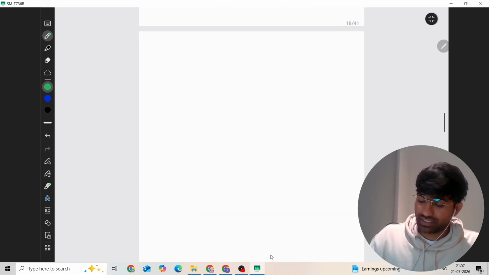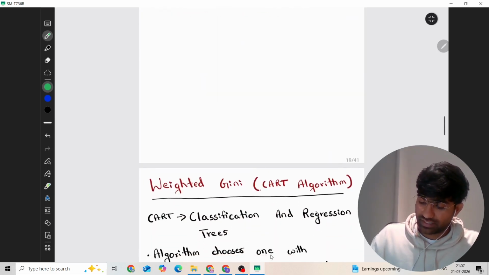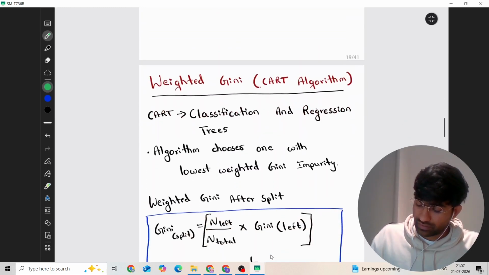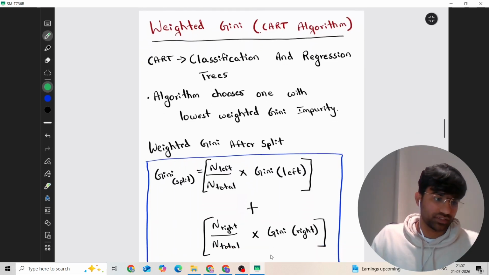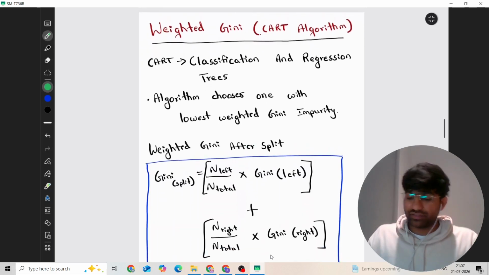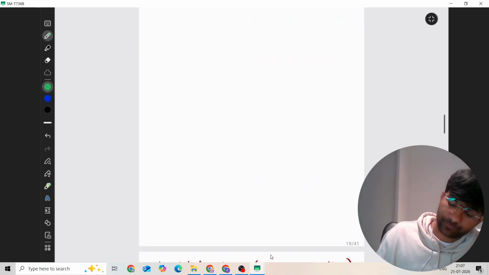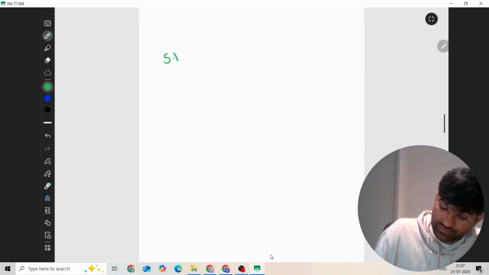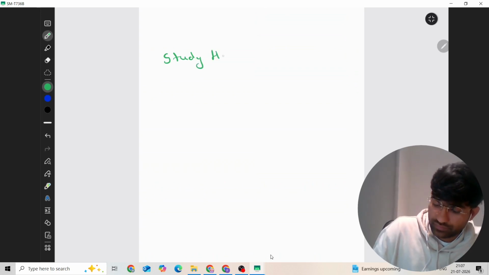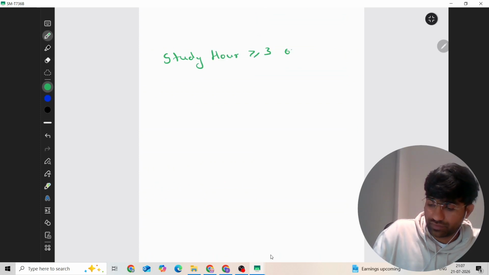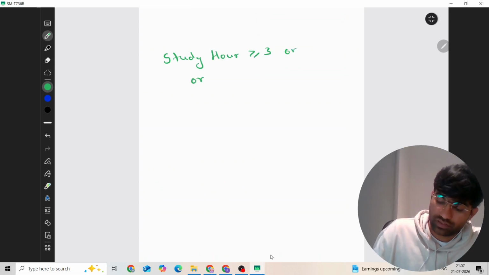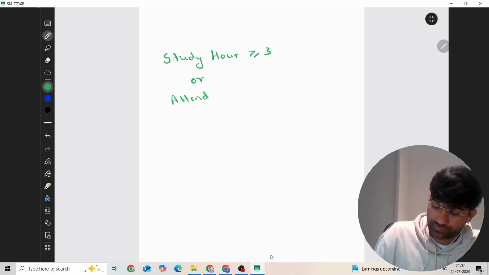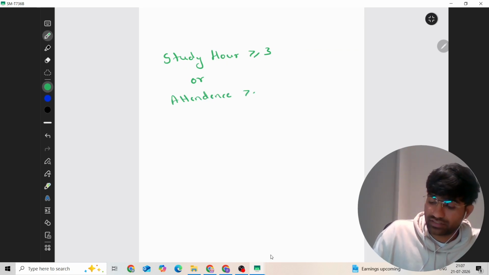Now let's split the data by selecting the individual feature. We have to select individual features like study hours is greater than or equal to 3, or attendance is greater than or equal to 70%.